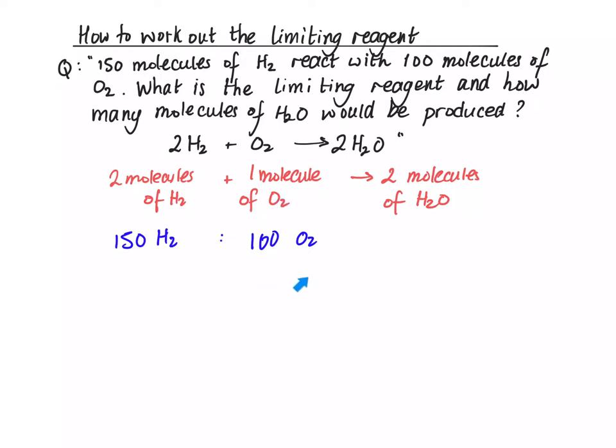We have 100 molecules of oxygen, but for there to be the equivalent number of hydrogen, you would have to have twice that number, 1 to 2. So this number isn't 200, which means the limiting reagent is the hydrogen because there's not enough of it.